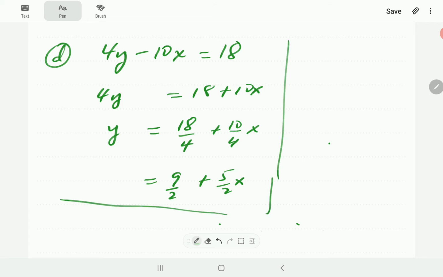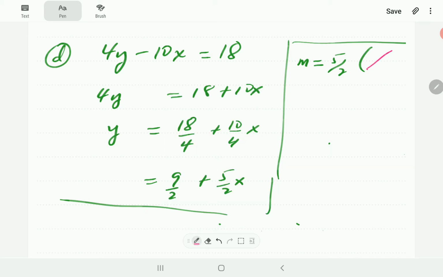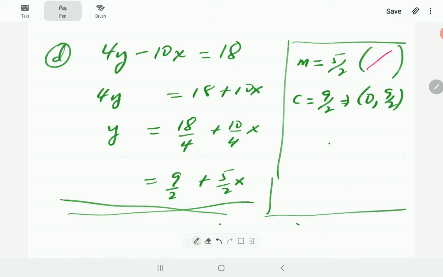So from this we can conclude that m, the coefficient of x, is 5 over 2, and therefore our line is going to be a bit like a forward slash. C is 9 over 2, so the y-intercept is 0, 9 over 2, which is above the origin.